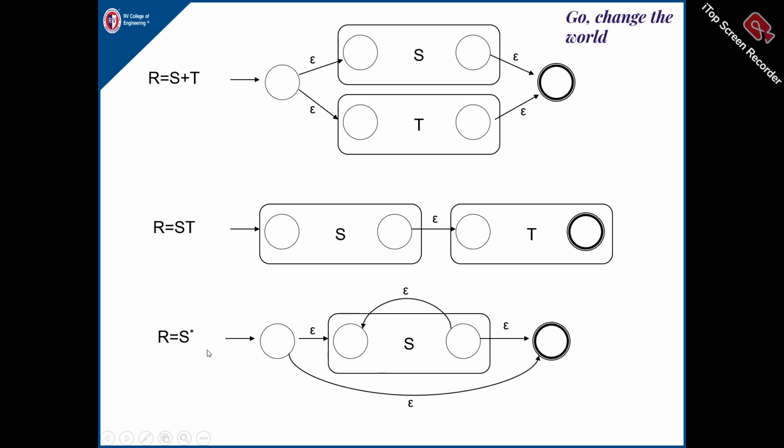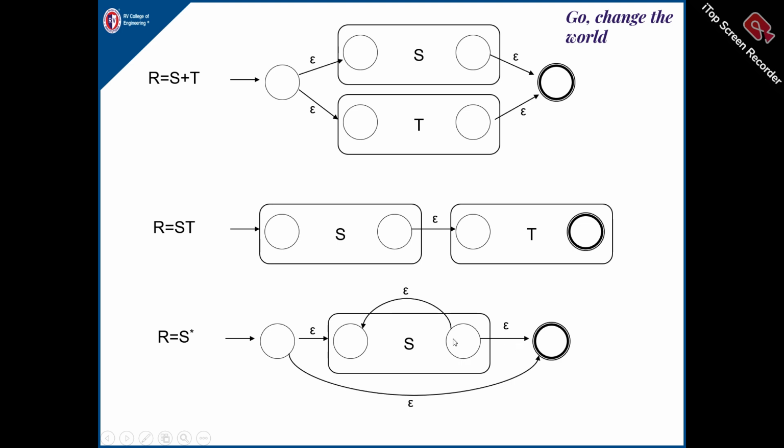Now for S star. Suppose this is your machine, with a start state and a final state. What we do is create one new start state and add an epsilon transition to the start state of S, make the old final state a non-final state, add a new final state, and from the previous final state add an epsilon transition. So these are the first steps.